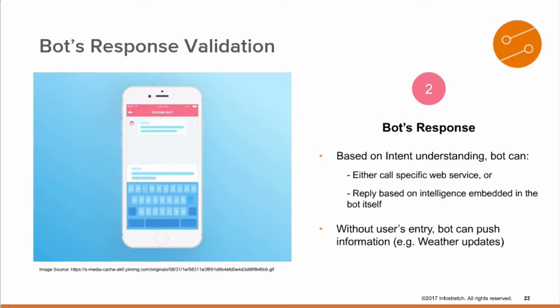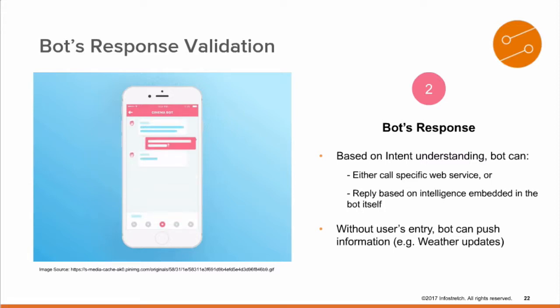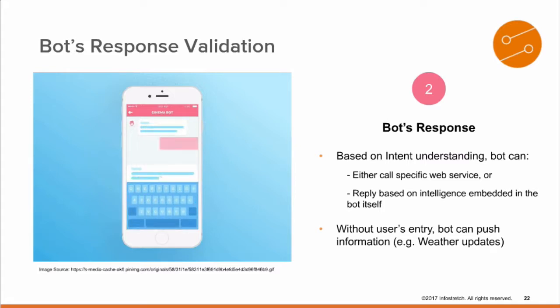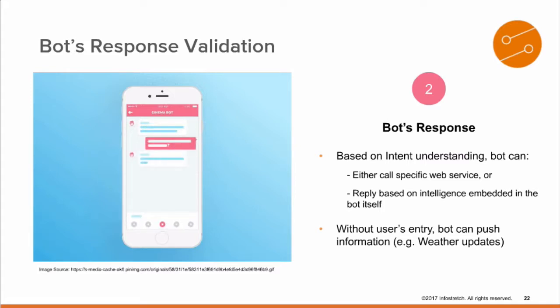And responses can also be auto-triggered. For example, you could have bots which, on your birthday or on specific days, send out messages saying, hey, today there's something that you would be interested in. Would you want to look at it, right? So you want to build response validation keeping these into account.